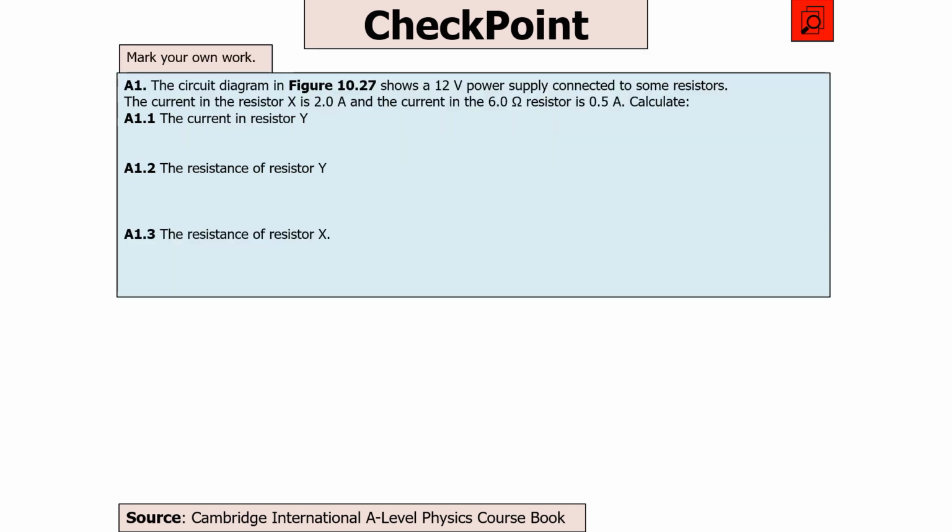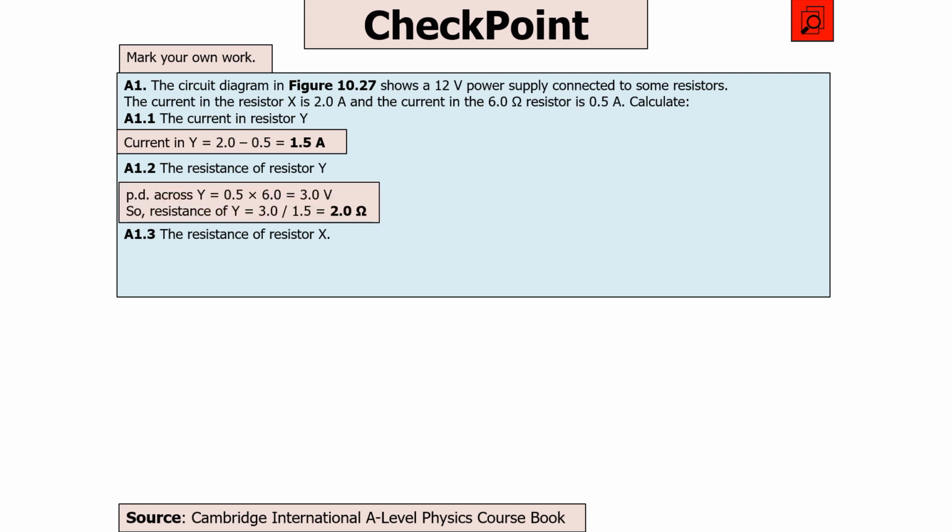Right, you'll notice by looking at the diagram that if the current in X was 2.0 and the current in the resistor was 0.5 amps, well, the current going into a junction equals the current going out, so it's 1.5 amps. What's the resistance of Y? Well, we know the potential difference across Y is going to be the current times the resistance. So we know the current is 0.5 amps, the resistance is 6, so the PD is 3 volts.